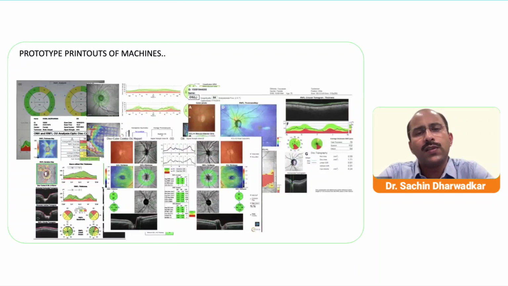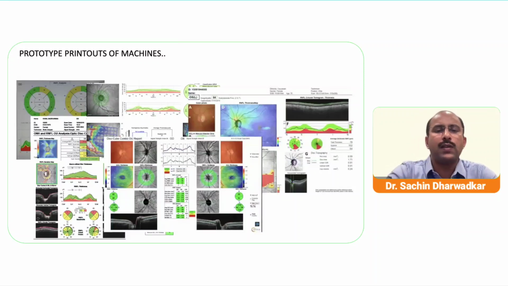We have trained technicians, and we are not on the console of the machine, because of which we cannot see all the permutations and combinations for our satisfaction. So when the printouts come to us, it is important to understand which are the basic printouts that can actually cover all the aspects that we need for due diligence for using the scan in clinical practice.